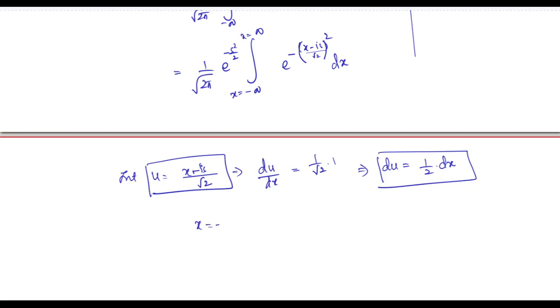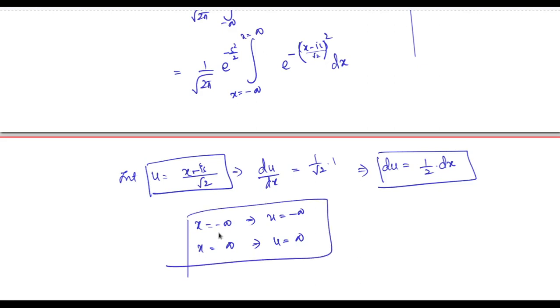As x equal to minus infinity, by the substitution, u is also equal to minus infinity. Similarly, as x equal to plus infinity, u is equal to plus infinity, because infinity minus is divided by all of them are constant, so it retains infinity. If it is minus infinity, it retains minus infinity. That's the idea. So the limits are also changed.